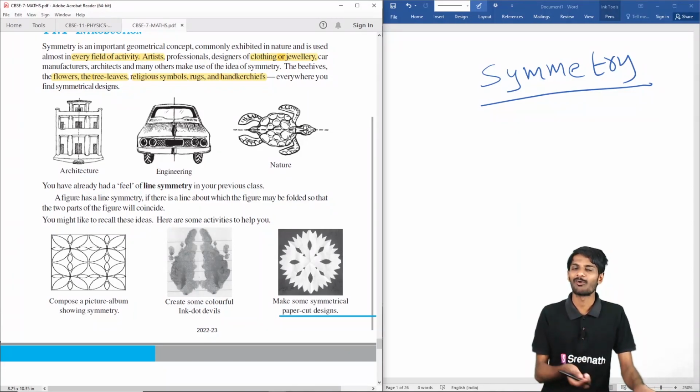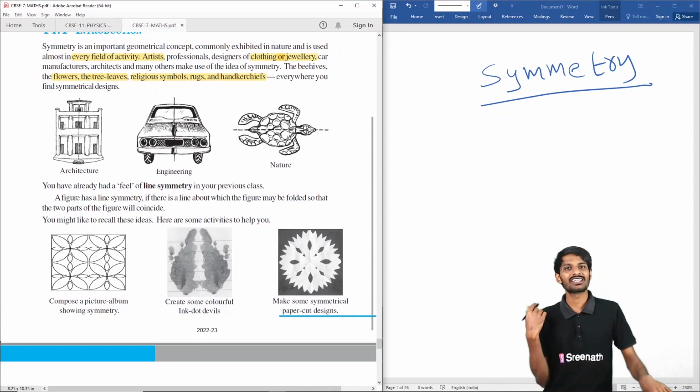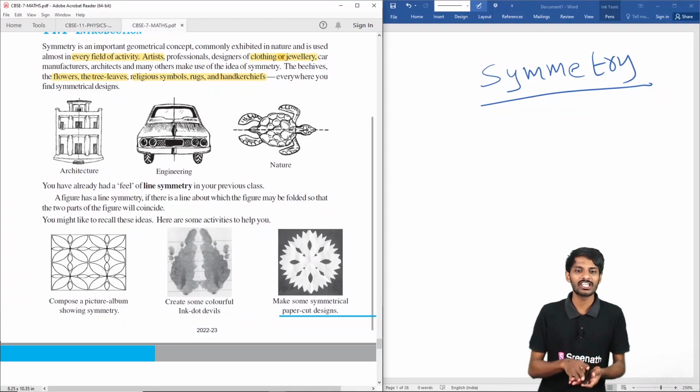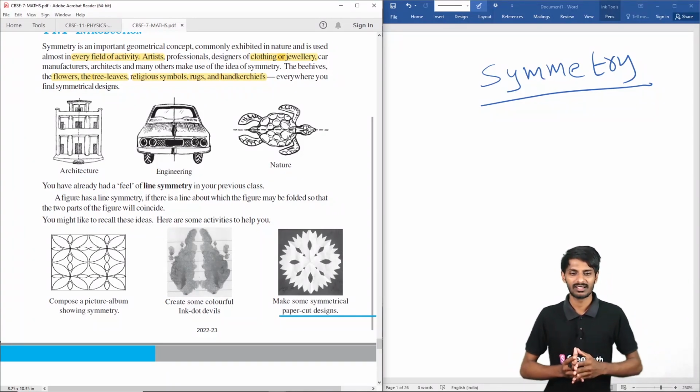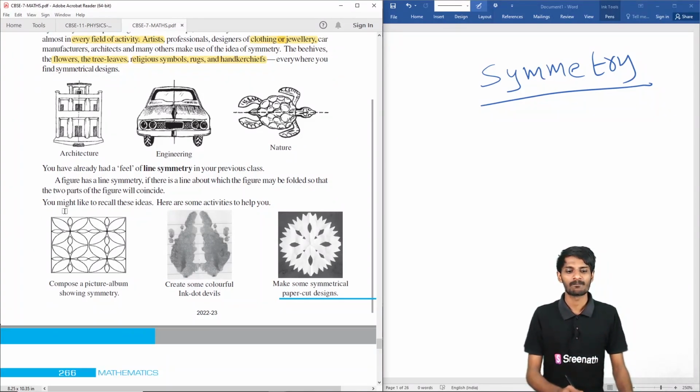So everywhere around us, in nature, in constructions, in engineering, in architecture, in designs, in clothing, in textiles, in buildings. If you see tiles, everywhere there is a lot of symmetry. Symmetry looks beautiful. That is the main reason, students.